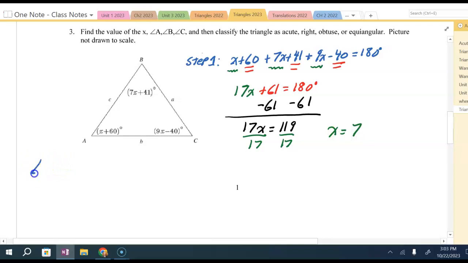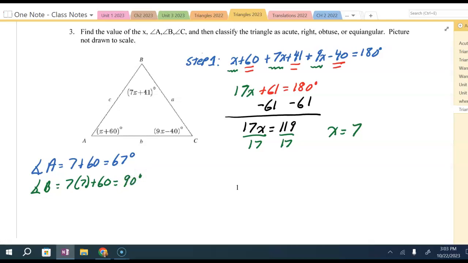Now I'm going to substitute in for angle A. So angle A is 7 plus 60, which is 67 degrees. Angle B is 7 times 7 plus 60, which is equal to 90 degrees when I use my calculator.